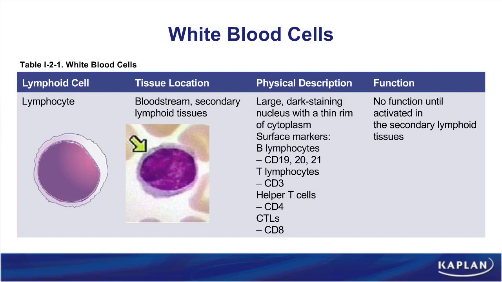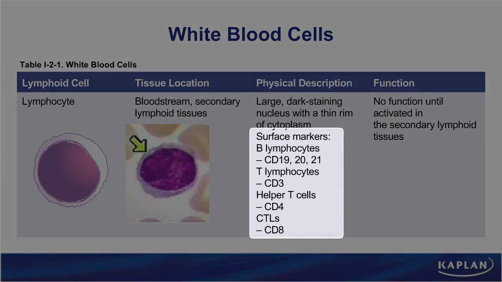Now, the other question that comes up is, tell me if that particular lymphocyte is a B or a T cell. Truthfully, you do not have the capability of differentiating between those on a histological examination. Instead, you have to utilize flow cytometry and look for some of the unique markers found on B cells versus T cells.